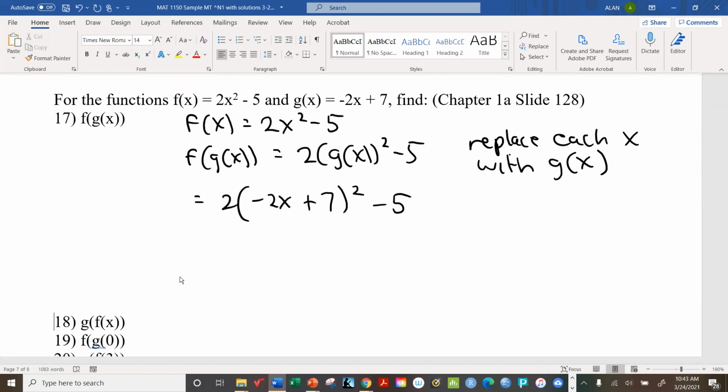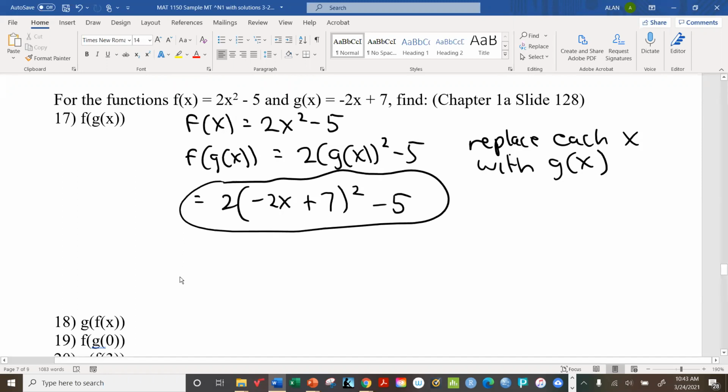It's not absolutely necessary. In fact, why don't we just leave it like this? If you want to stretch it out and expand on it, it's fine, but I think this is good enough. All right, so the key to the whole thing is that wherever there was an x, that was replaced by g of x.